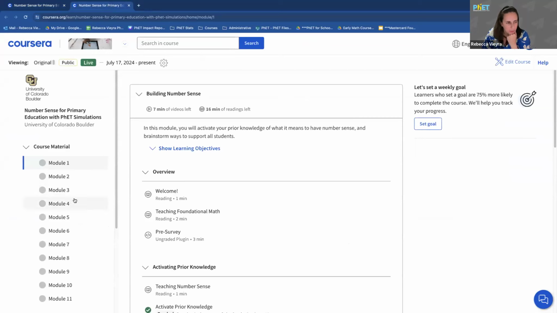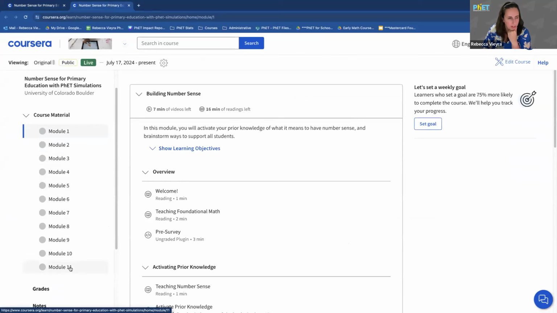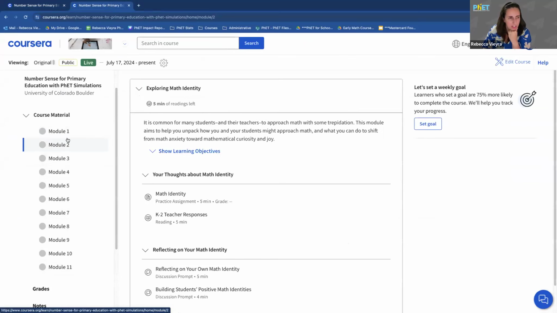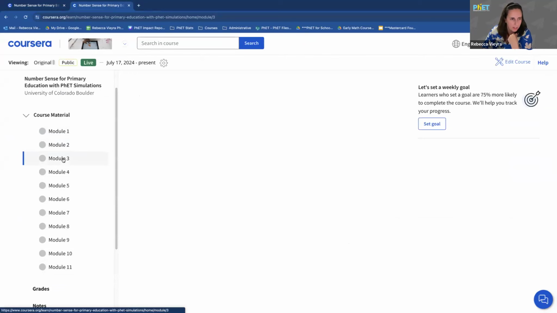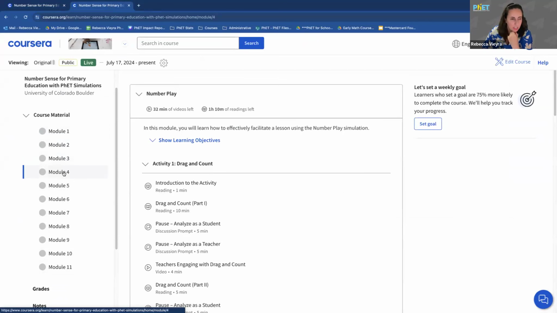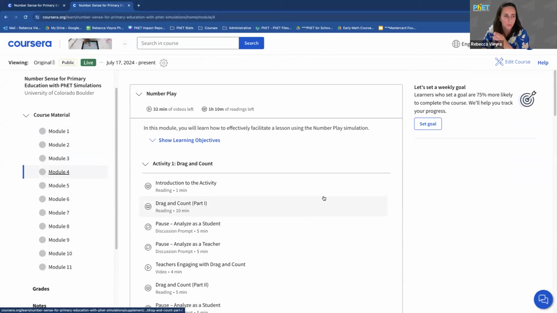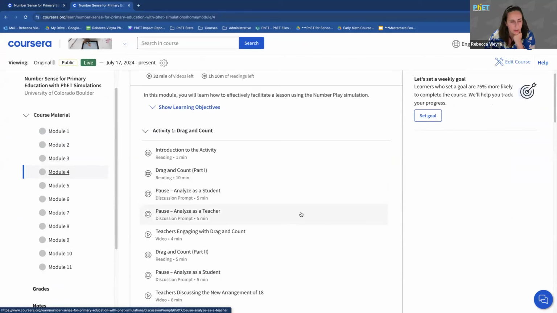And when you get into the course, there are a total of 11 modules, which focus on things like building number sense in general, exploring math identity, teaching to multilingual students, and then it goes through a number of very specific lessons. So we have videos, we have examples of some classroom interactions, we have examples of how teachers think about using the simulations and plan to use them.